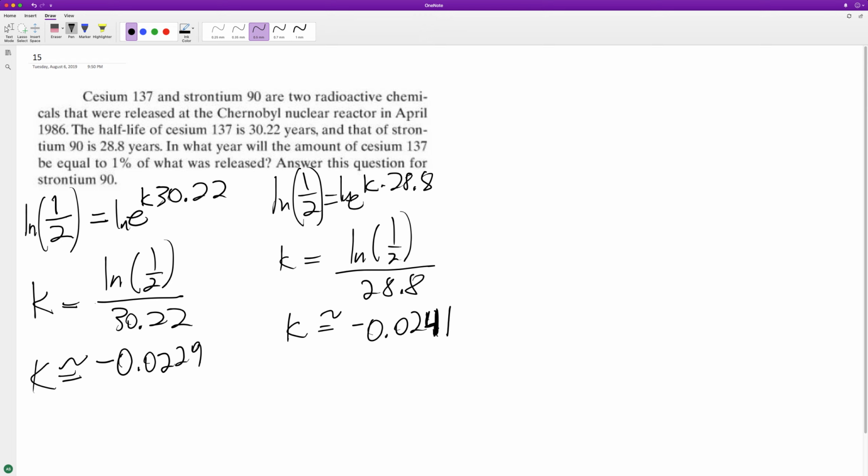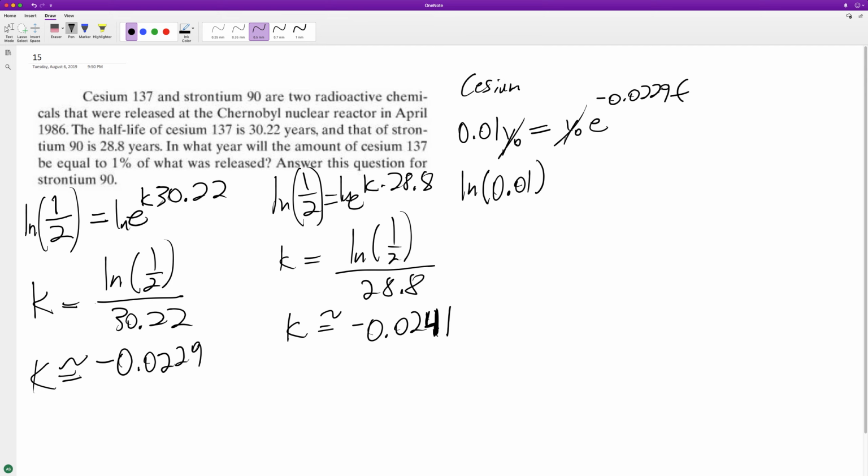All right. So now I'm going to start off with cesium, so 0.01. It's going to be 0.01 y sub naught, that's the amount we started out with, equals y sub naught times e raised to the, now we have our k value, which is negative 0.0229, times the time. How long does it take? So the y sub naughts cancel out, and then we take the natural log of both sides, so the natural log of 0.01 equals negative 0.0229t.